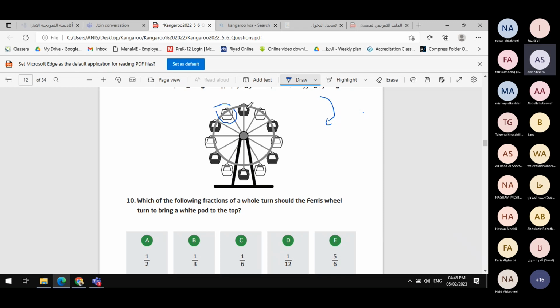Okay, we will test. After a whole turn, everything will remain in the same position, so nothing changed. We need only one single move to get the white to the top.